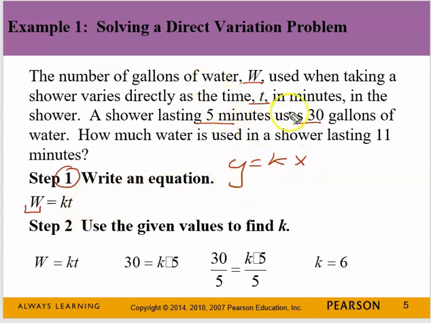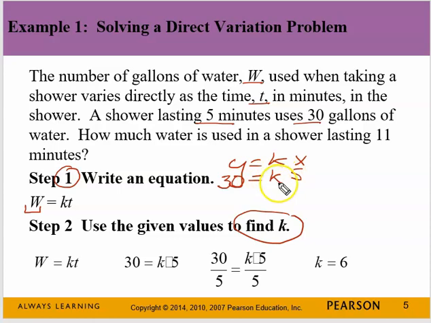So what information do we know from this? Well, 30 gallons is the amount of water. We don't know our K value, but we know the time was 5 minutes. So that's step 1.